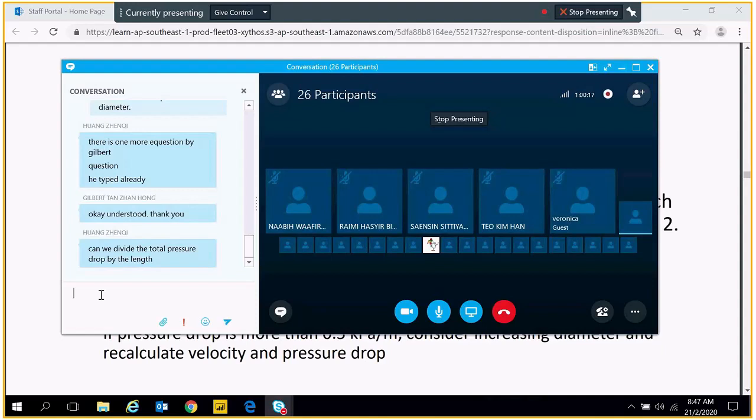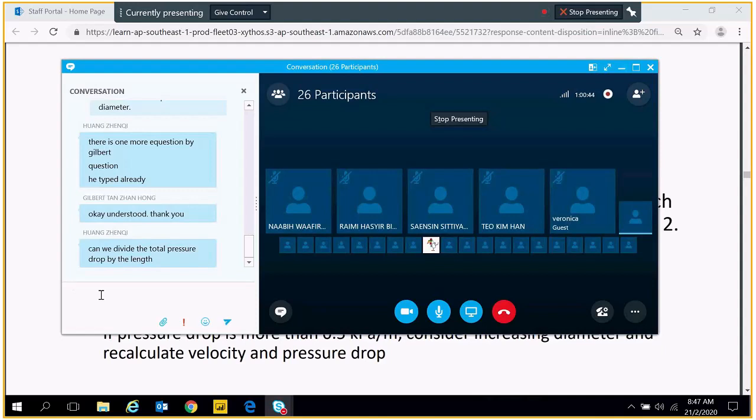But I suggest you don't do that because there's a risk. Just take it to be 1 meter. Although you can take the total pressure drop and divide by the total length, for example, if the total length is 200 meters, you have to state assumptions. But don't do that, because sometimes marks will be deducted if you forget to state the assumptions. Assumption one, constant diameter for the 200 meters.